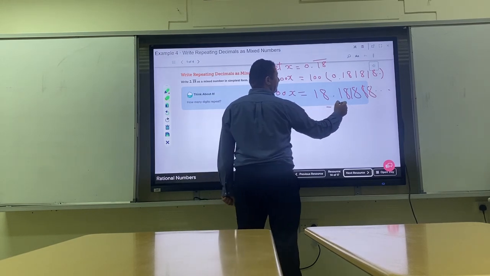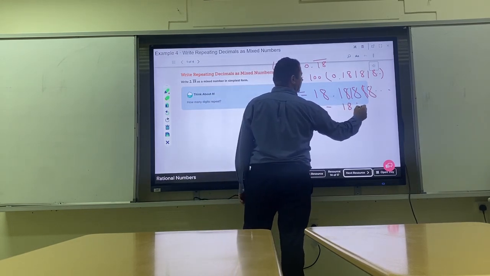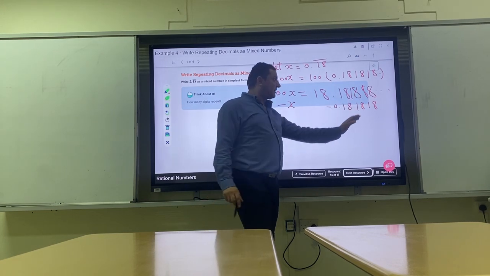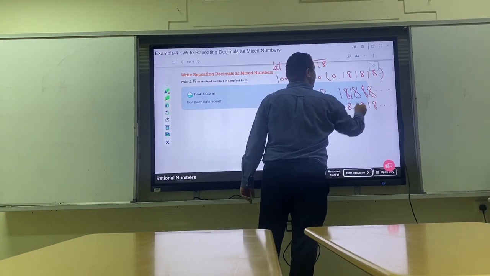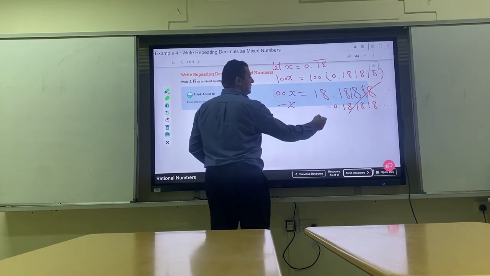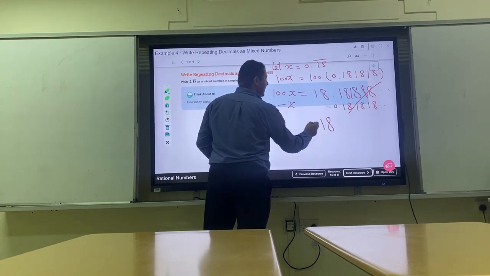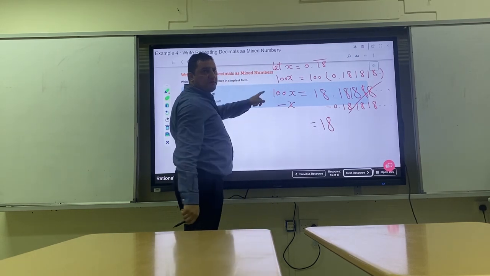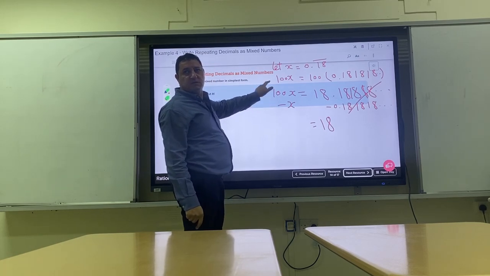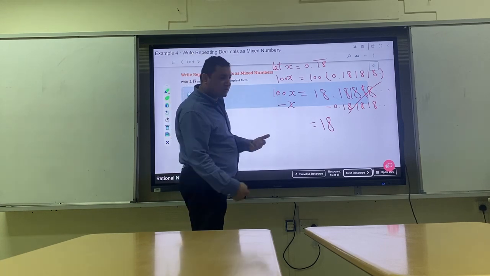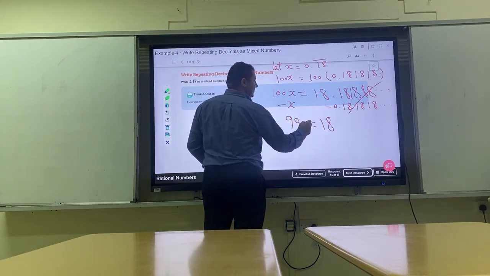Now subtract x from both sides, so 18.1818 minus 0.1818. Now when you subtract this, everything behind the decimal is cancelled, and it leaves me alone with the 18 in the second part of the equation. In the first part of the equation I have 100x minus x, which is 99x.